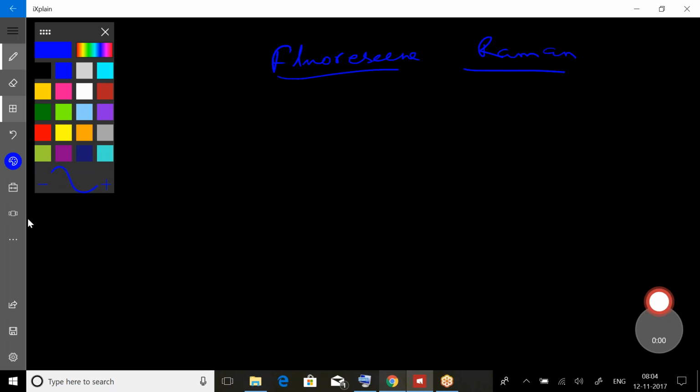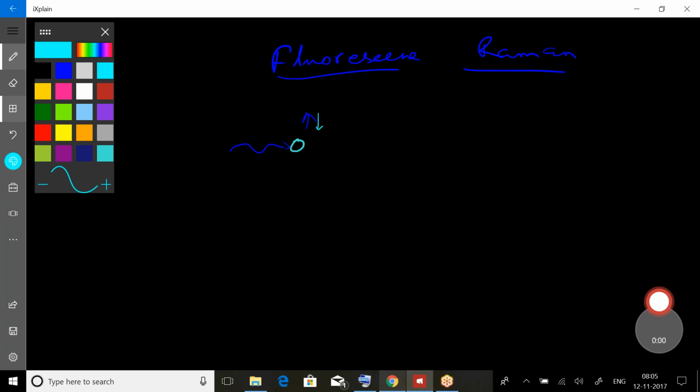So what is fluorescence? Fluorescence is the property of certain molecules. When a photon falls on a molecule, the molecule absorbs the energy from the photon and goes to an excited state. The molecule cannot stay in the excited state for long, and as it comes back to the ground state, it loses energy.